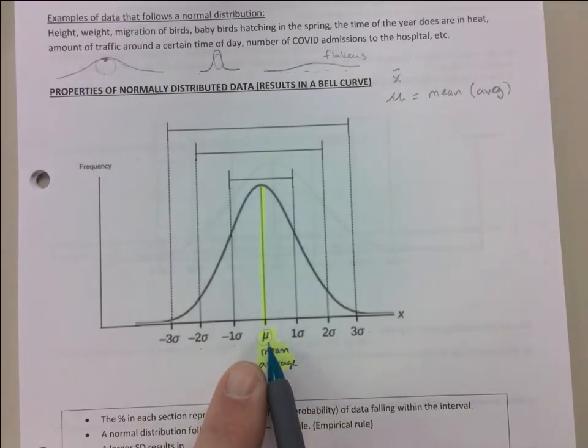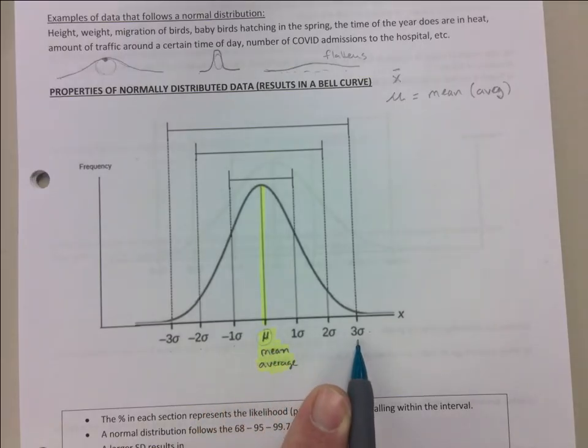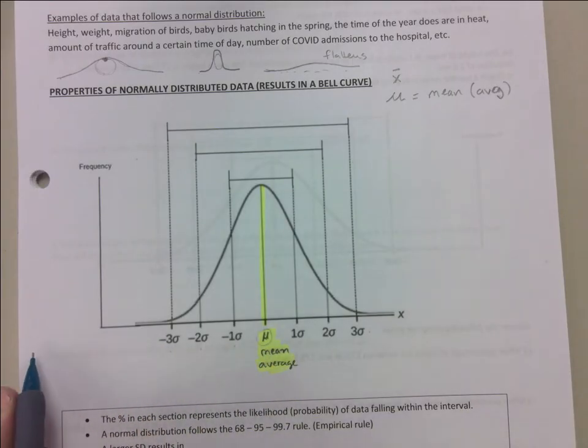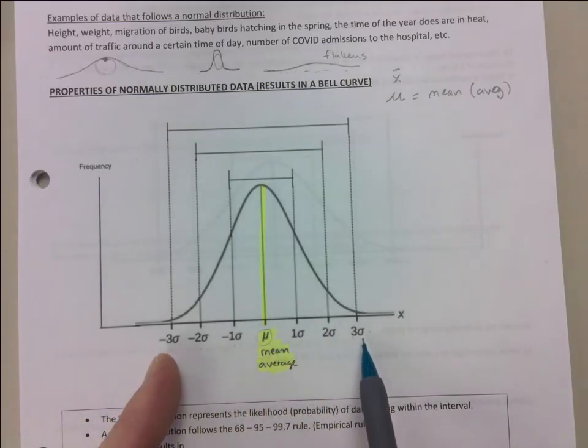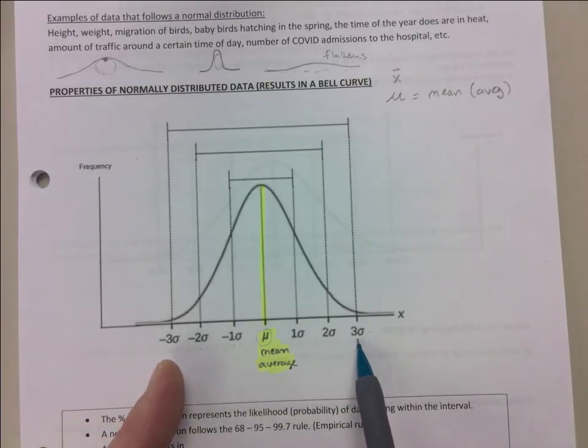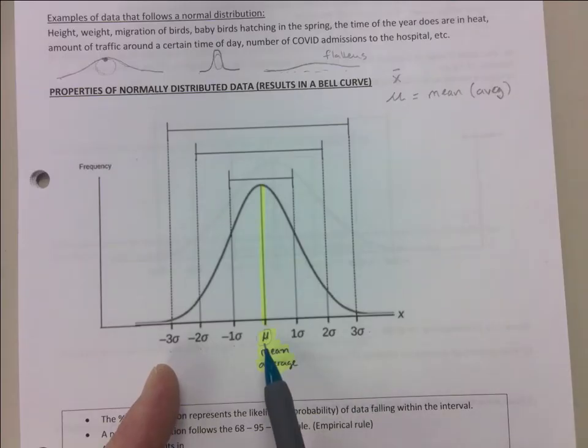And you might wonder, why is it only 3 standard deviations to the right and 3 standard deviations to the left? Why don't we keep going? And the reality is because past the 3 standard deviations to either end of the mean, almost nothing is found in there. So we're just focusing on 3 to the right, 3 to the left.